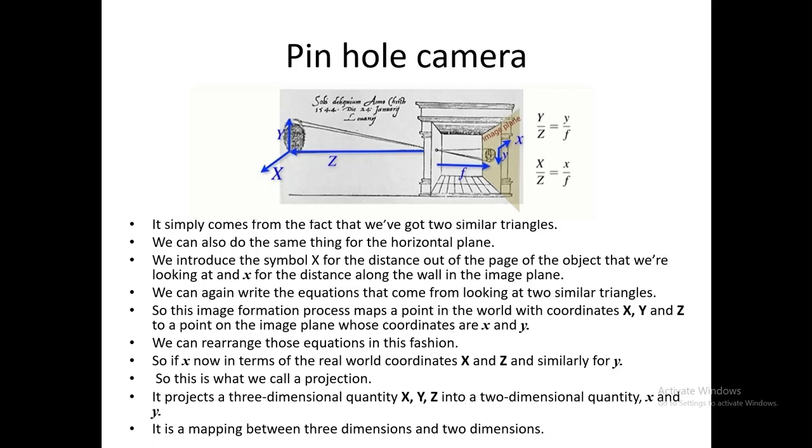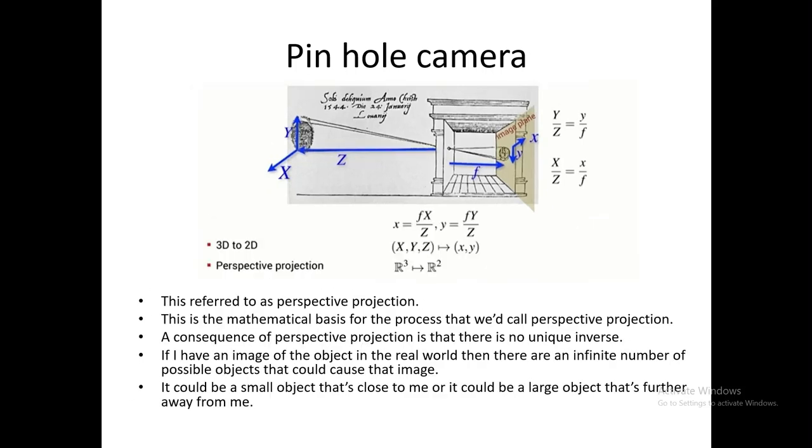It's a mapping between 3 dimensions and 2 dimensions, and this is referred to as a perspective projection. Here we can estimate the small x and small y from this expression, and this is the mathematical basis for the process that we call the perspective projection.